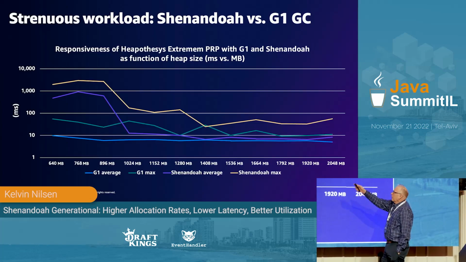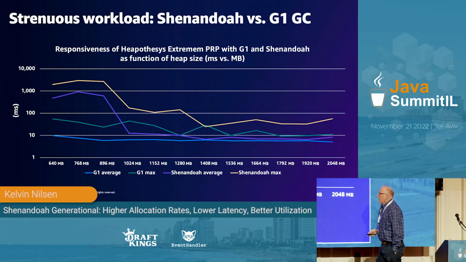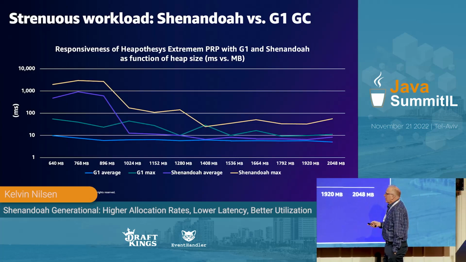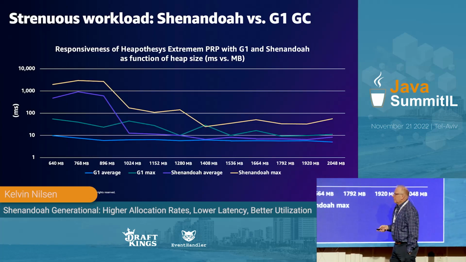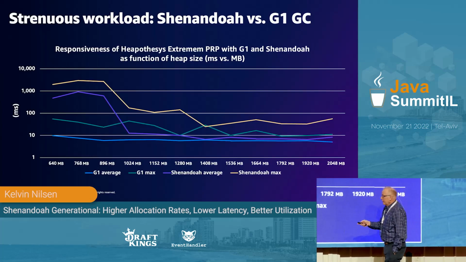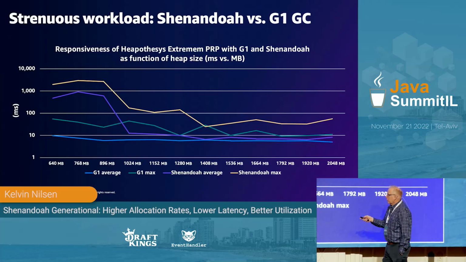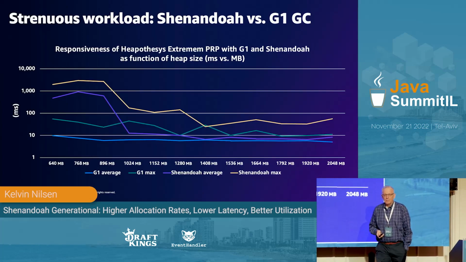And so here on a heavy workload, we saw, for example, that the client response times delivered to our customers were much better with G1 than with Shenandoah, both in the average cases. This is G1 down here, and average for Shenandoah is up here, and in the maximum cases as well.